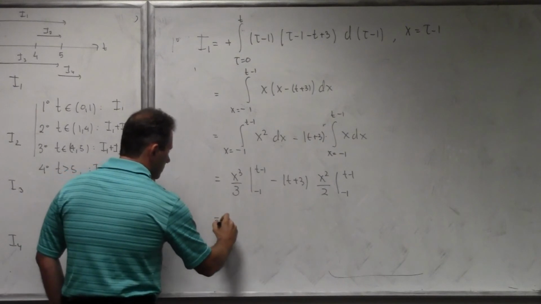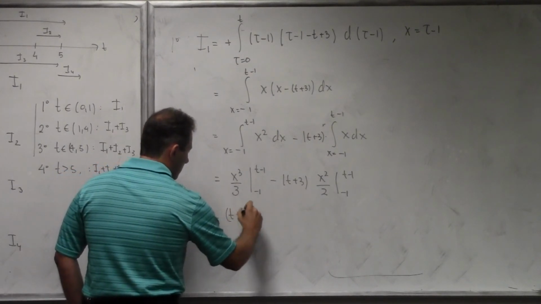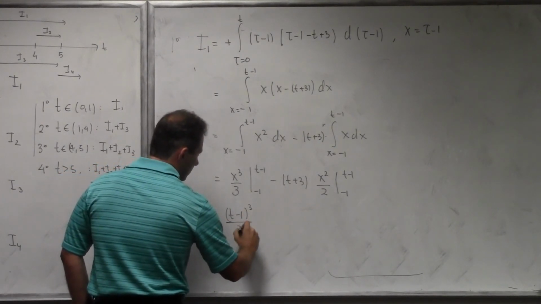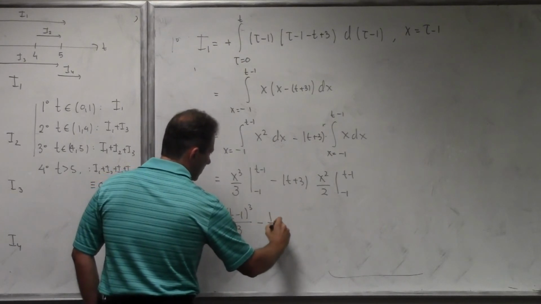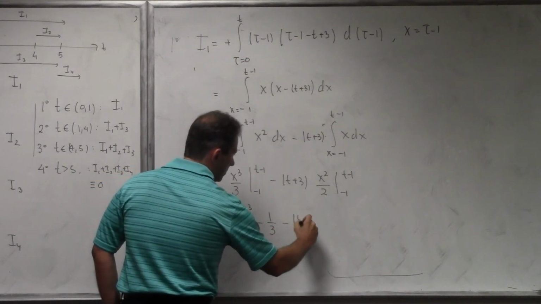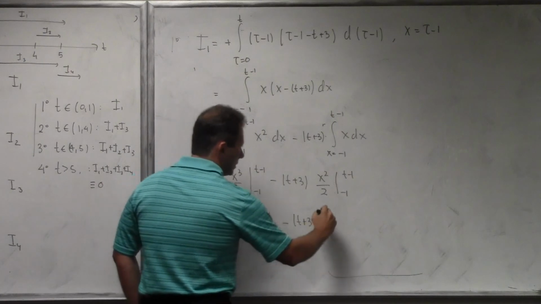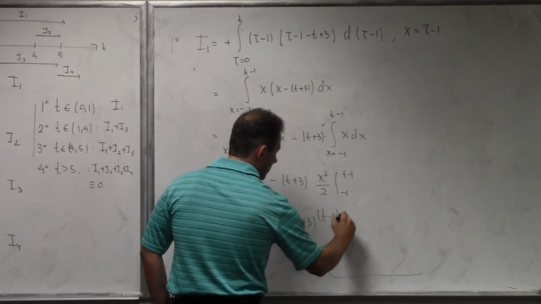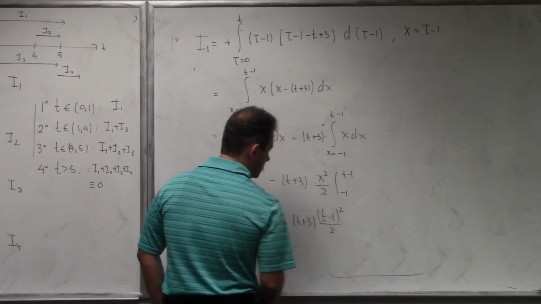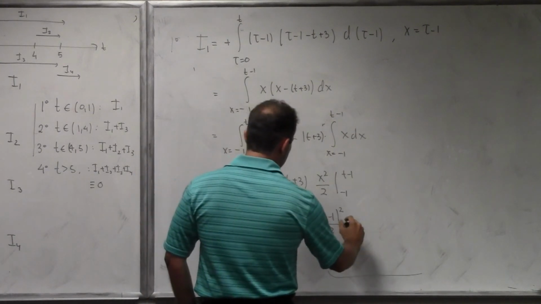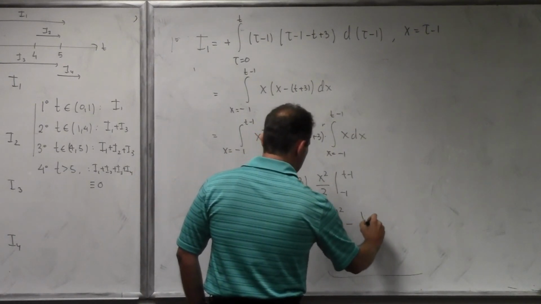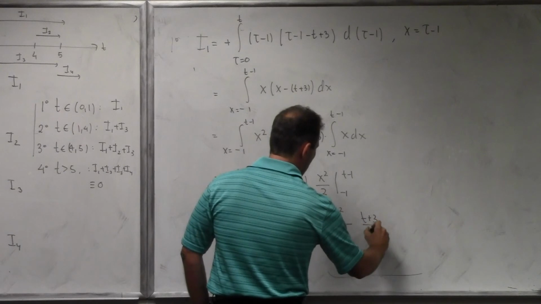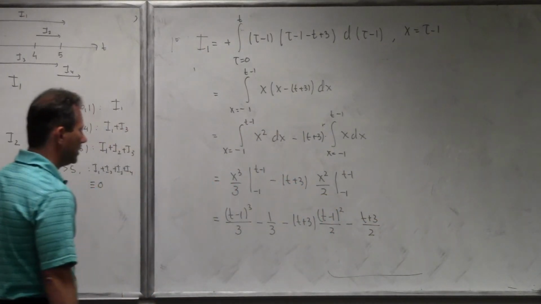And then if you substitute, this becomes t minus 1 to the power of 3 divided by 3 minus 1/3, minus t plus 3 times t minus 1 squared over 2. And then here minus t plus 3 over 2, if I didn't make any mistake.